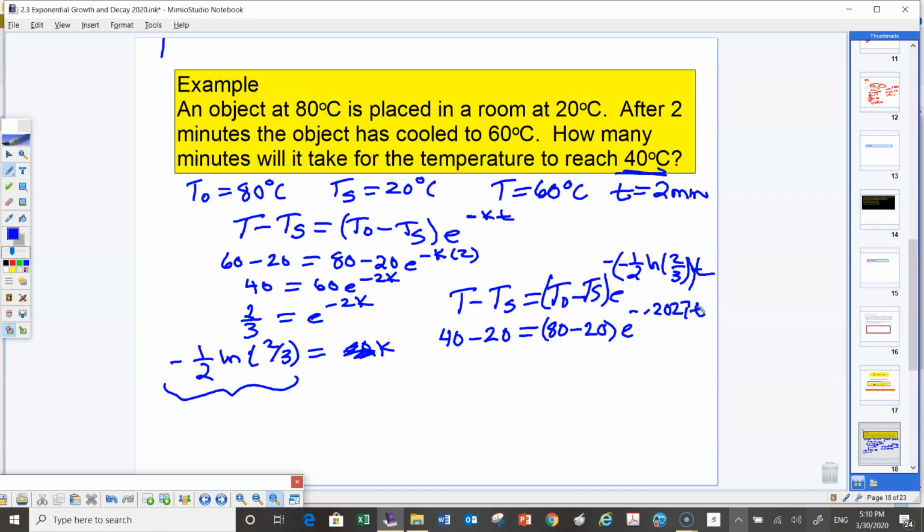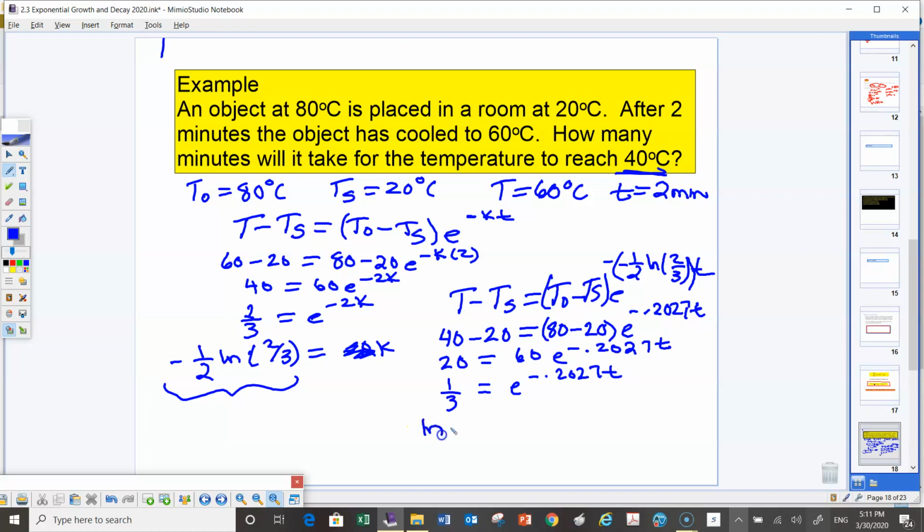Okay, so there's my equation. So I got to figure this out. So this is going to be 20. The right-hand side will be 60 e raised to the negative 0.2027 t. Divide by 60, which will make this 1/3, is equal to e to the negative 0.2027 t.